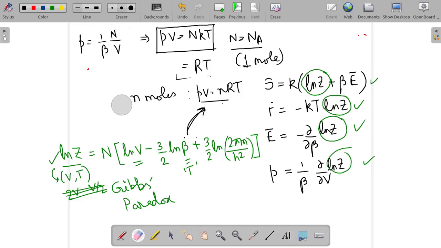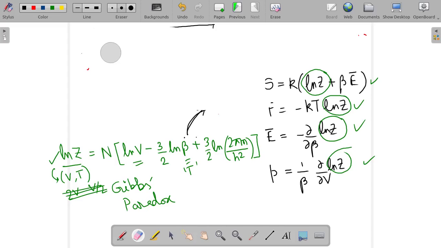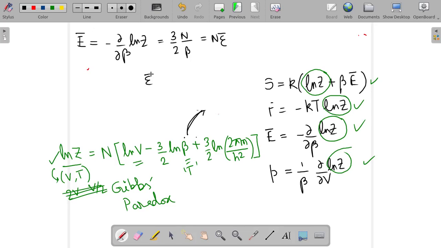Next is E bar, minus del beta of log Z, and it is nicely put 3/2 N by beta, it can be written as N epsilon bar, where epsilon bar is 3/2 kT.